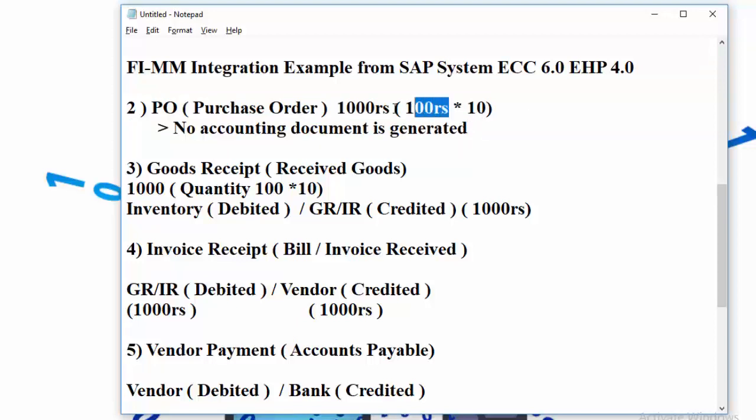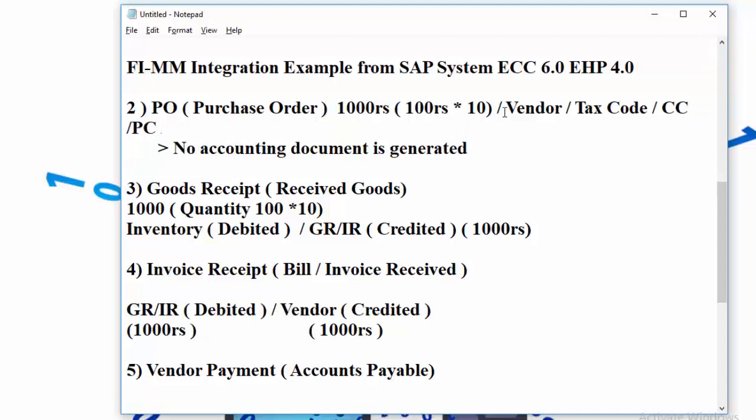Suppose, for our case, the price of the material could be 100 rupees, and we have a quantity, and other details like vendor, tax code, cost center, profit center, project, etc. will be noted down in the purchase order. This purchase order will also create something known as a commitment in projects or in controlling.